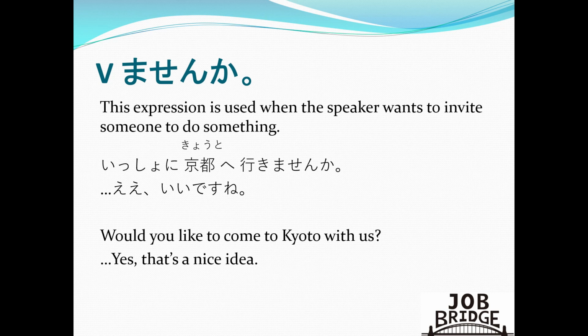It's like, don't you want to come to Kyoto with us? They're not imposing on you, but you can always say yes. Using verb-masenka gives you the option to say no. Wakarimashita, Cedric? Wakarimashita.